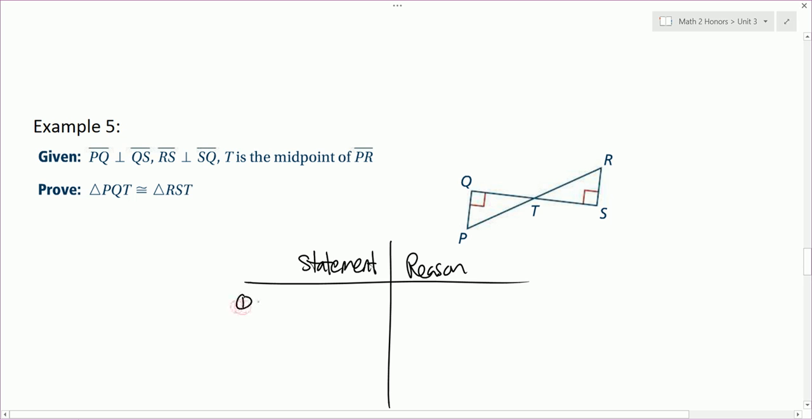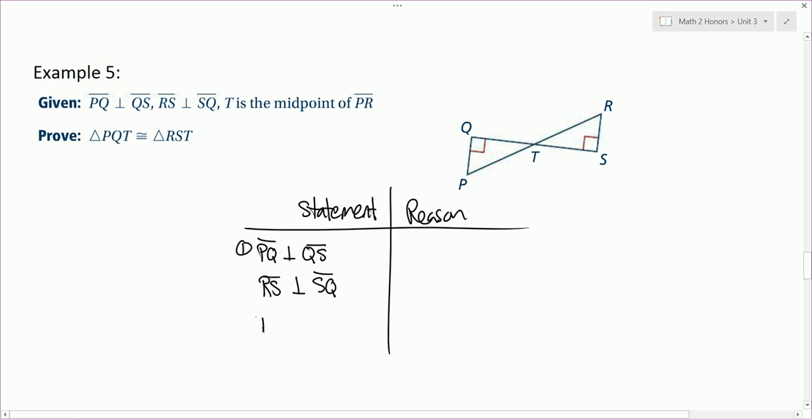So 1, PQ is perpendicular to QS, and RS is perpendicular to SQ, and T is the midpoint of PR. And those are given to us.